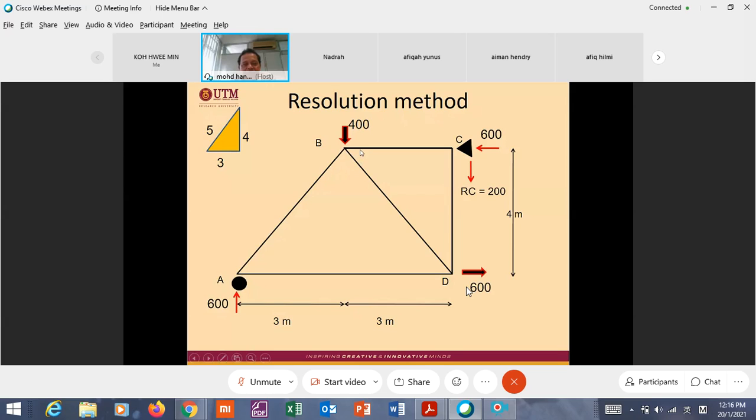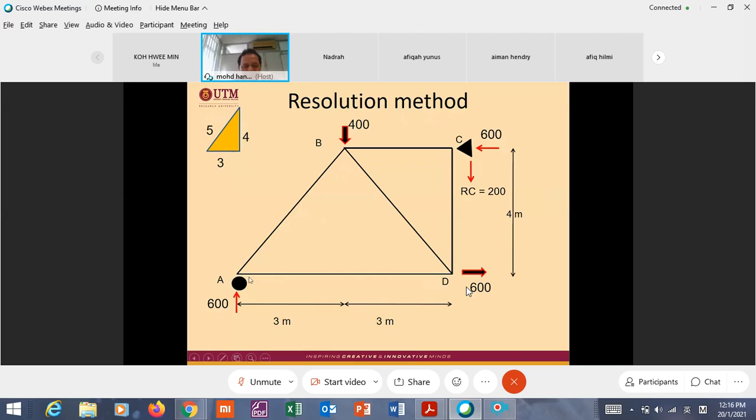Can we start from joint A? You have 1, 2. If you use joint method, yes, you can start from joint A. If you use resolution method, you can only start from the joint connecting two members only if one of the member is in X or Y direction.